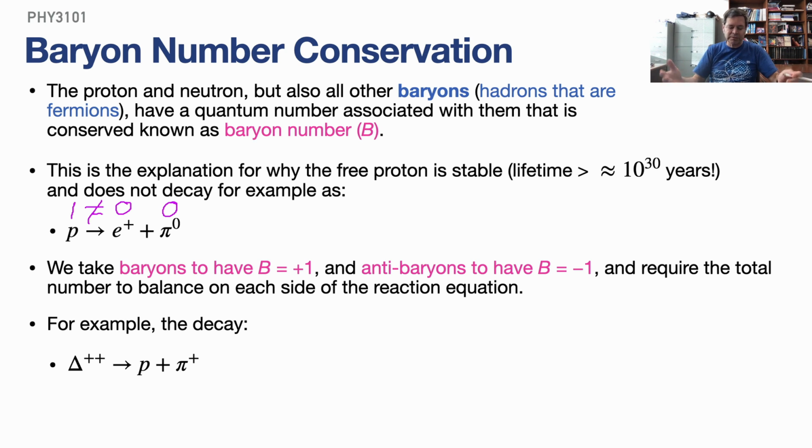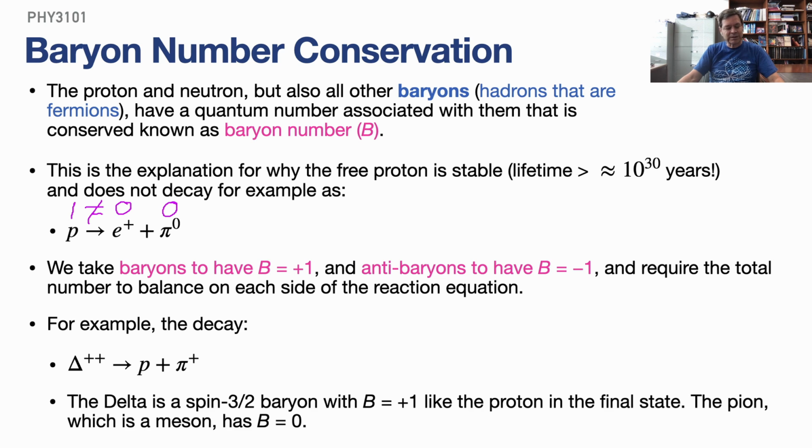Proton has charge plus E, and the pion, pi plus anyway, has charge plus E, so it conserves electric charge. The delta is a spin 3/2 baryon. So since it's a baryon, it has baryon number 1, right? Well, so I can write it over there, 1. The proton, as I've introduced, has baryon number 1. And the pion is not a baryon, it's a meson. So I'd have +0 here. And that does equal. So baryon number is conserved.